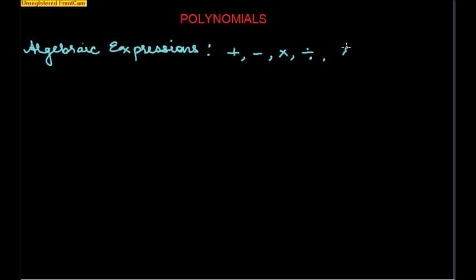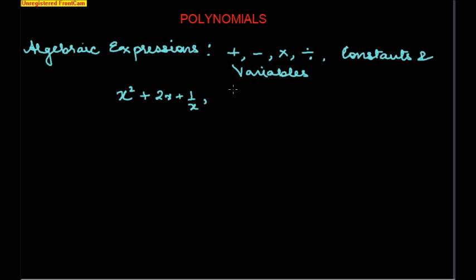They have constants and variables. For example, x square plus 2x plus 1 by x, x plus 1 by 3, only 6 is also an algebraic expression, x plus x cube plus 1 by x cube, etc.